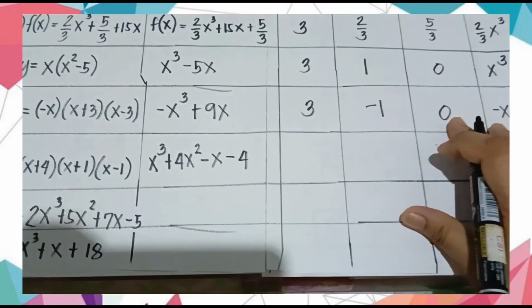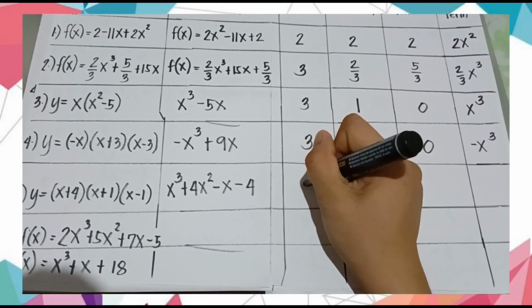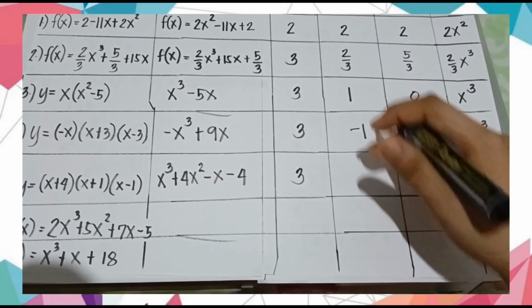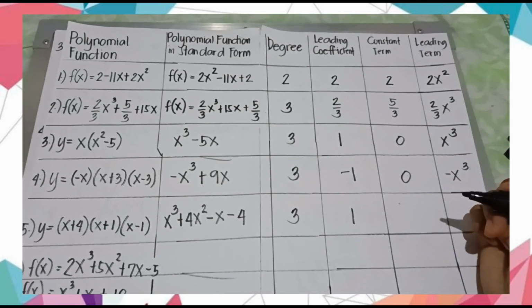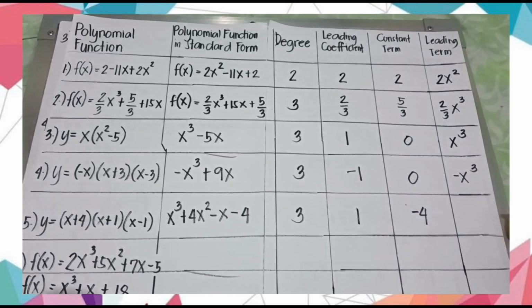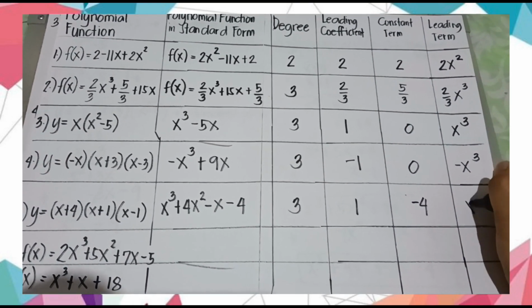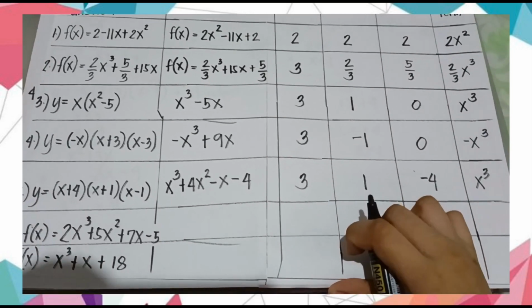The degree of this polynomial function is 3, which is the highest exponent. The leading coefficient is 1. The constant term is negative 4 and the leading term is x cubed.